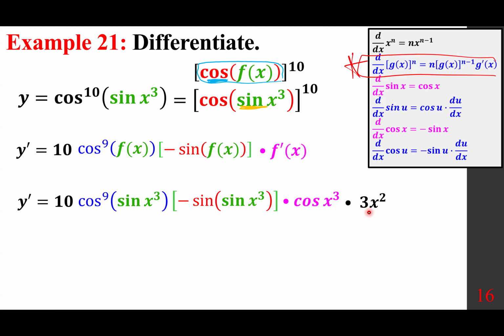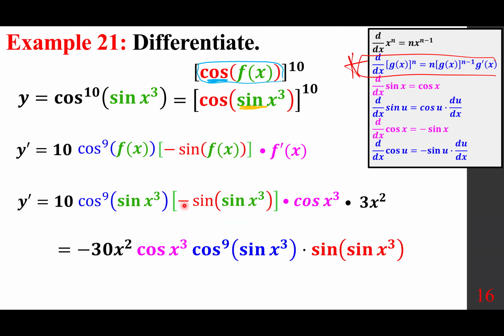Now, to put together, please understand these two become 30x squared. This negative sign makes it negative 30x squared times cosine of x cubed times cosine to the power of 9 of sine x cubed times sine of sine x cubed.